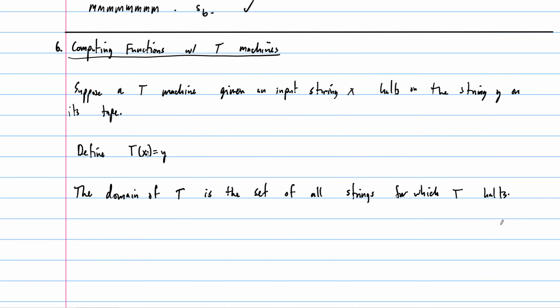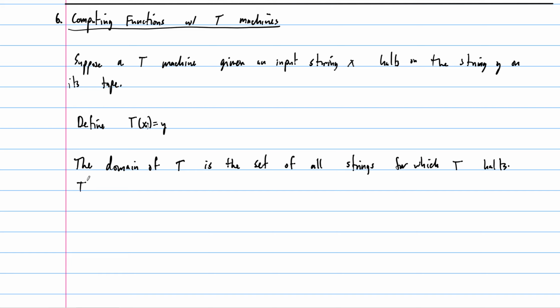And then T of x is just taken to be undefined if it does not halt. So now it's a function, just like regular functions. You input x, it doesn't halt, then there's no output.